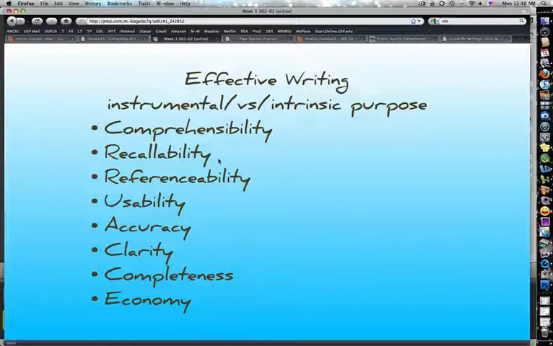So you have to be aware of how your audiences use and need your documents. So watch out for comprehensibility, recallability, usability, and all the other abilities that Thomas Lang talks about in chapter 2.